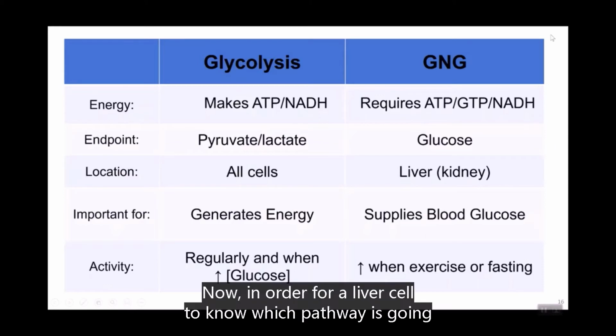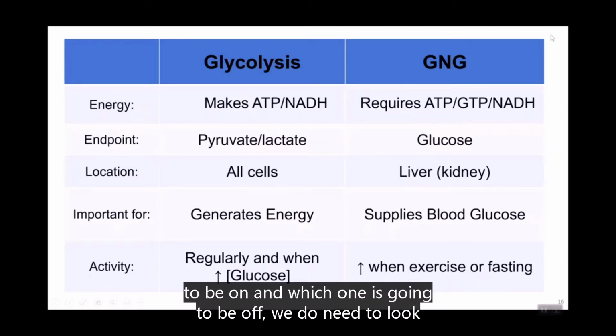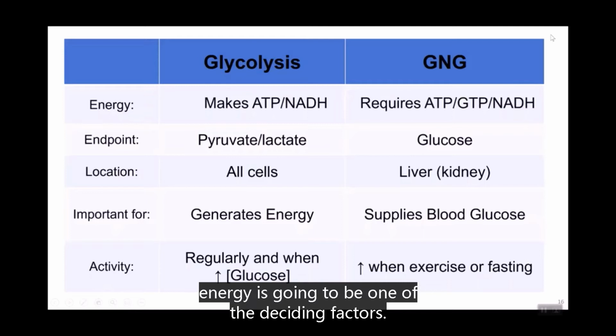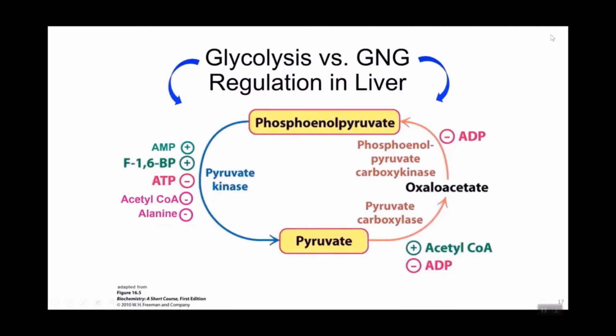Now, in order for a liver cell to know which pathway is going to be on and which one's going to be off, we do need to look at their regulation, and you'll see that the availability of energy is going to be one of the deciding factors.